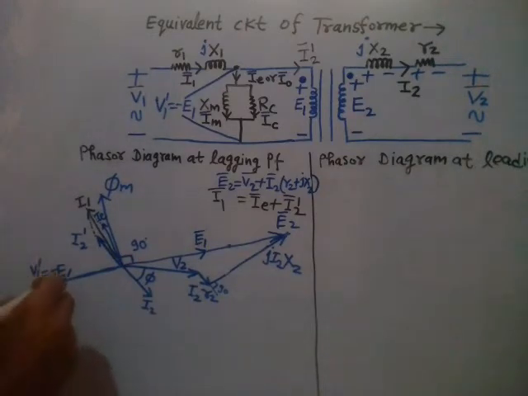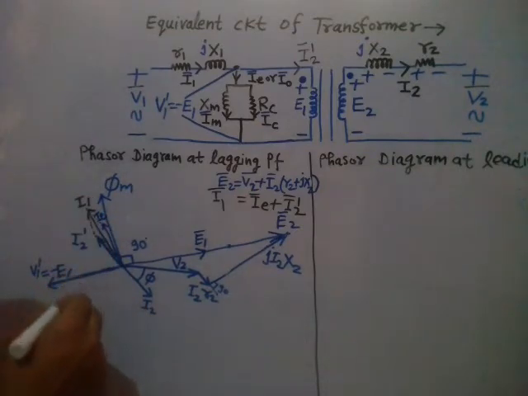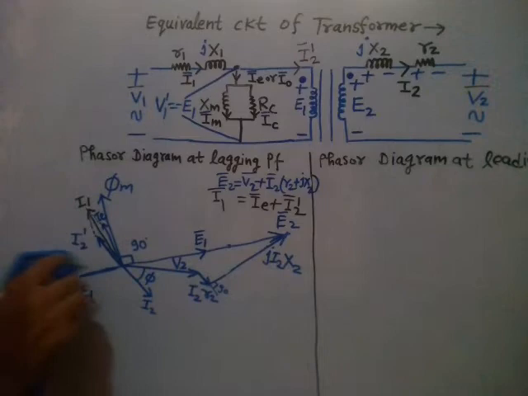Now you simply add this I1 R1 drop. So in phase with I1 there will be the I1 R1 drop. Let me write it below for ease of drawing, right?